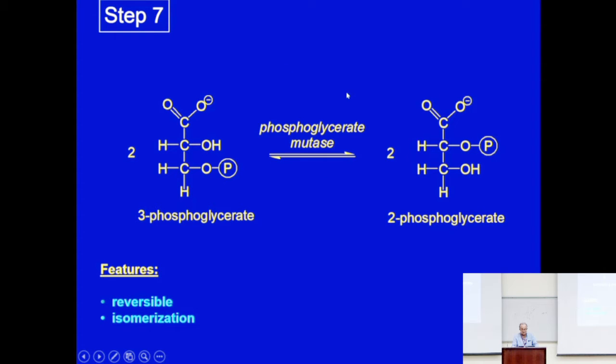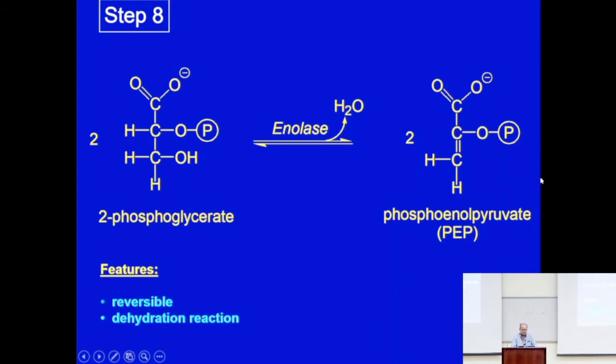Enzyme is called phosphoglycerate mutase. Again, very important in that it's going to set up the next step. Very important to appreciate this is reversible. As I mentioned, all steps except the rate-limiting enzymes are reversible. So we carry forward 2 molecules of 2-phosphoglycerate. Here it is.